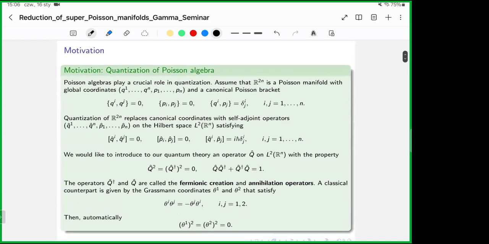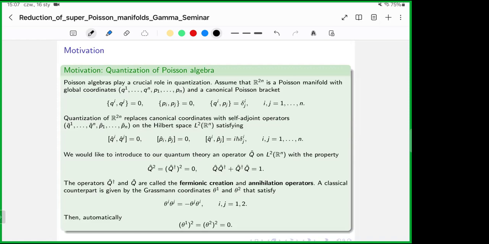So the necessity of introduction of anti-commuting variables to differential geometry comes from quantization of Poisson algebras. Classically, we have a canonical quantization. So assume we think about R^2n as a flat smooth manifold with global coordinates q1 up to qn and p1 up to pn.